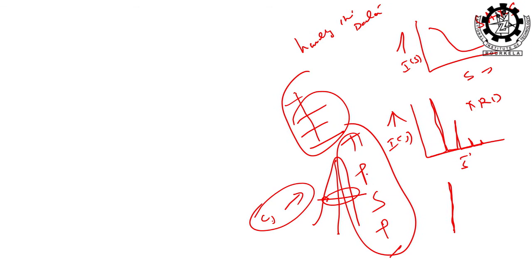So, unless you analyze properly whether the broadening is because of this or this or this, how can you tell this broadening corresponds to the structure? Therefore, broadening does not mean that you are having nano order structure in the crystals or crystallites. So, you should very carefully analyze, if there is a broadening, for what reason the broadening is there, why the broadening is there at that angle, right.